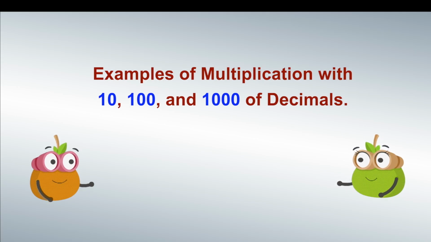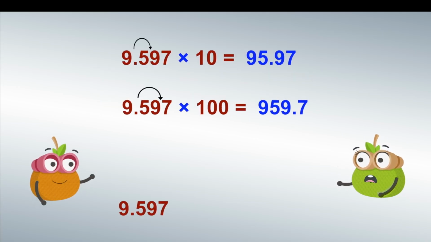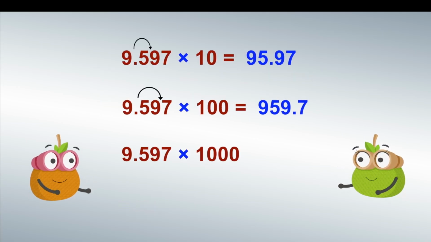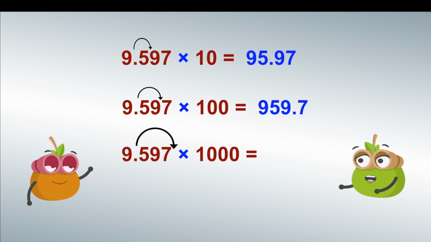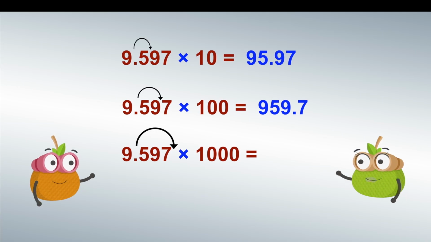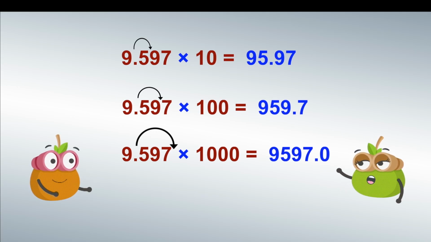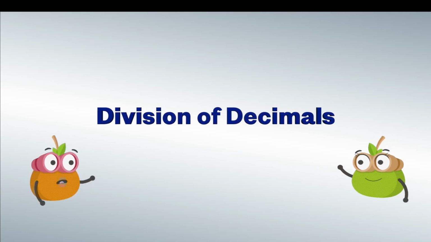It means 9.597 multiplied by 1000: we will move the decimal point to the right by 3 places and get 9597.0.